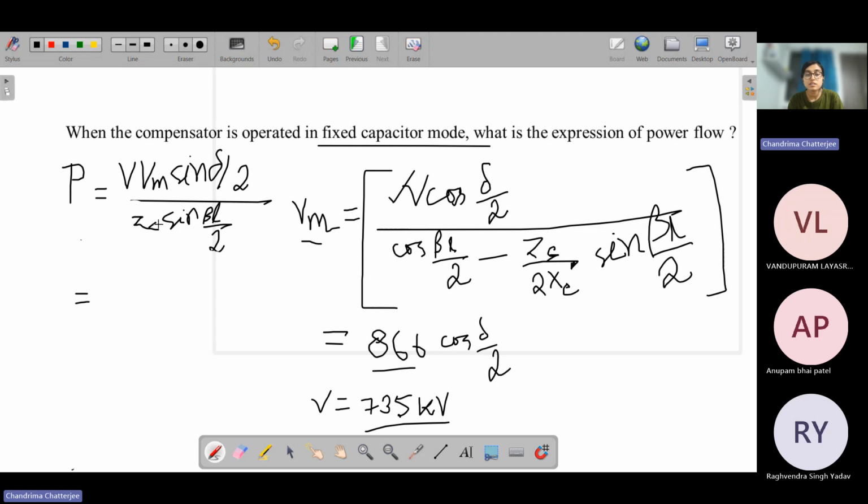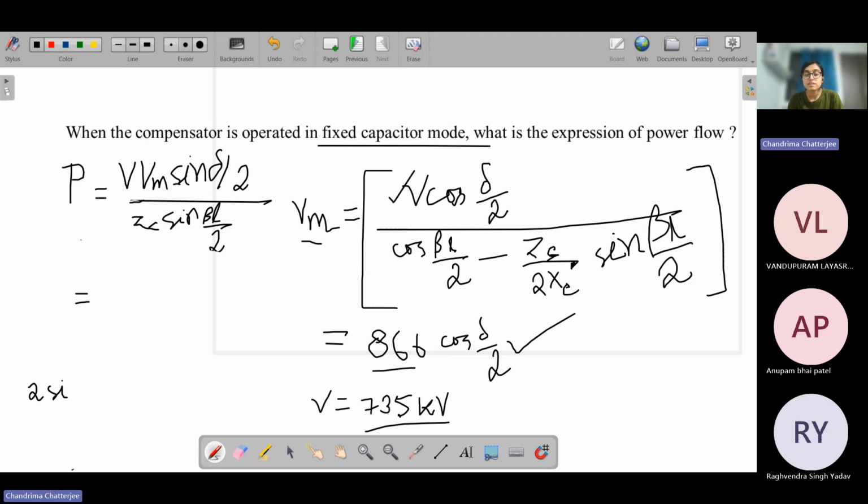Now here most probably they have given the answer in terms of sin delta. Why? Because in the expression of VM there is already a cos delta by 2 and here there is sin delta by 2. So if you combine them, 2 sin delta by 2 cos delta by 2 becomes sin delta, right?